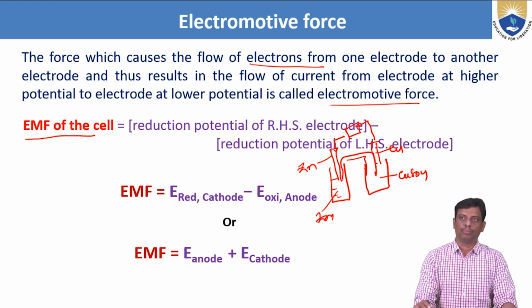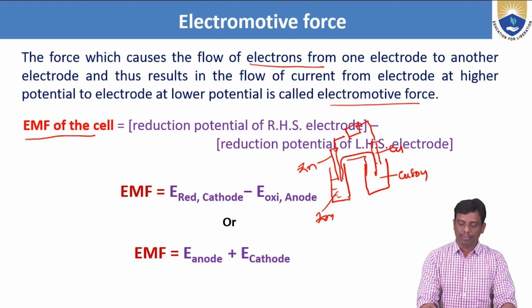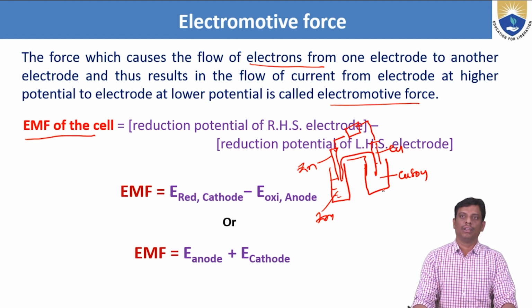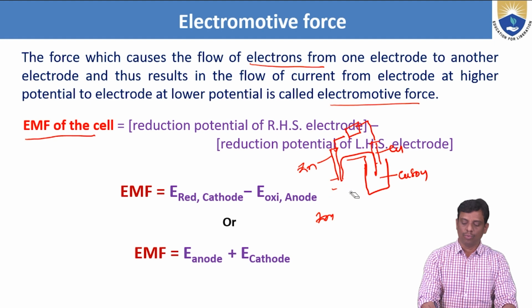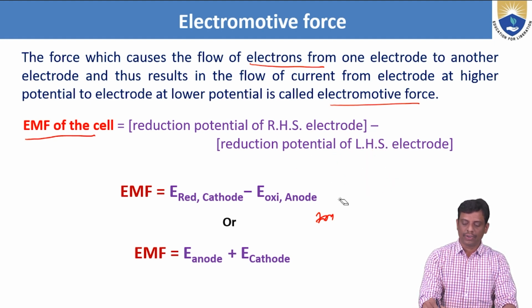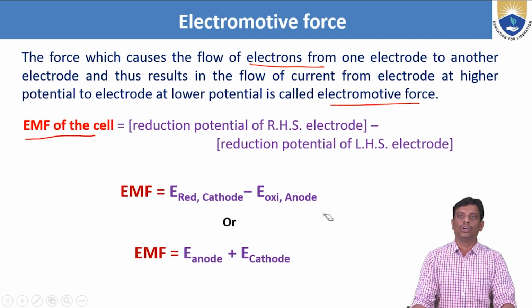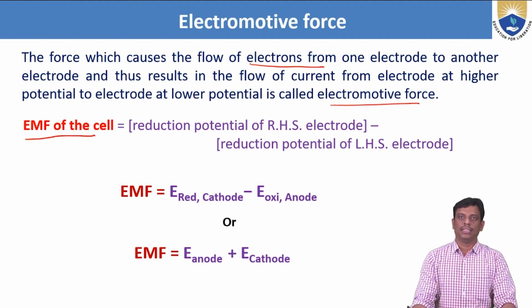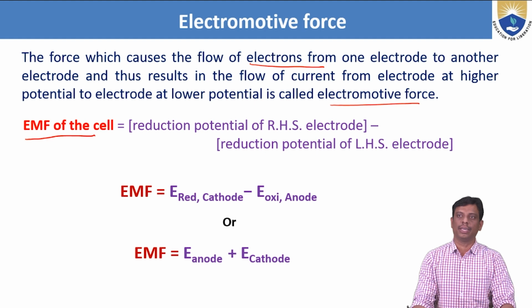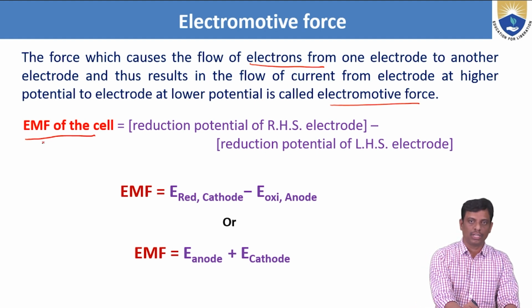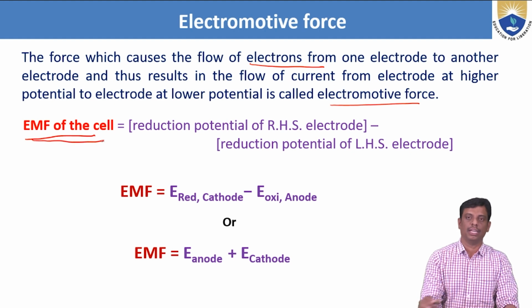The potential difference between the two half cells is called the electromotive force. Electromotive force is also nothing but the EMF of the cell.